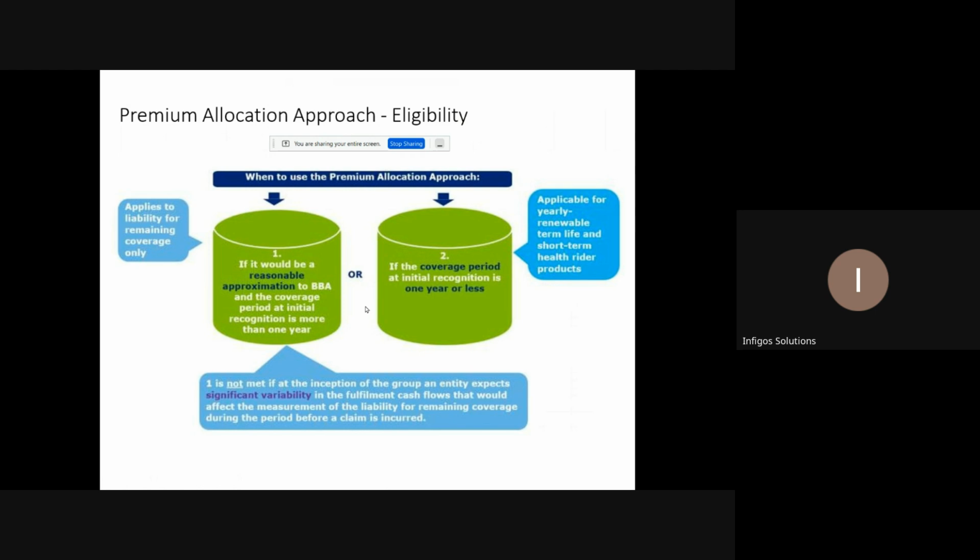So before we implement the PAA, we have an eligibility test. One test is that the coverage period is less than 1 year. If it's less than 1 year, you will simply implement it. The second thing is your LRC, liability for remaining coverage under the PAA approach, versus liability for remaining coverage under the GMM approach.